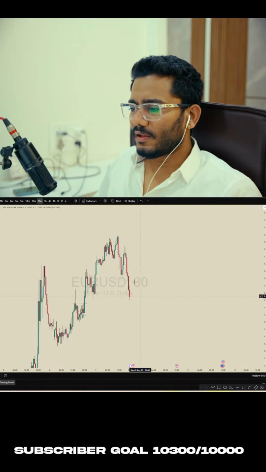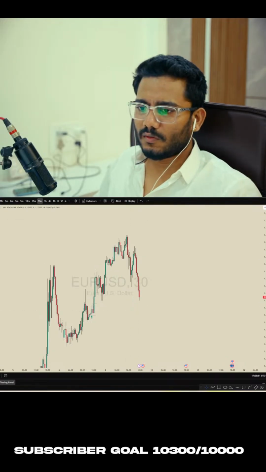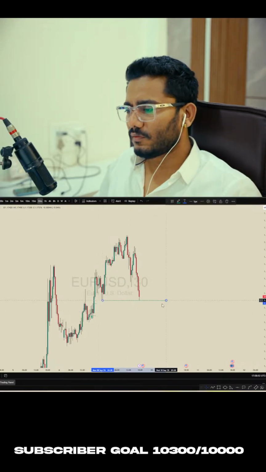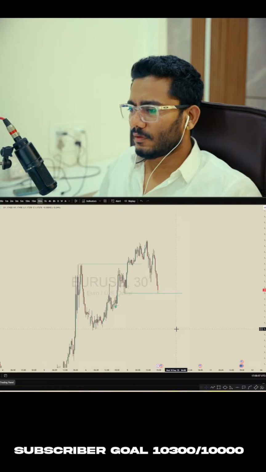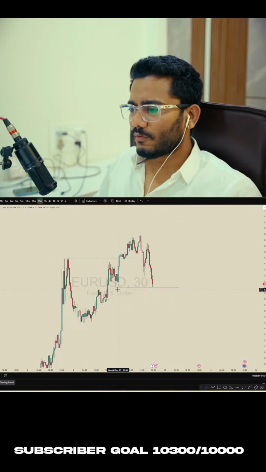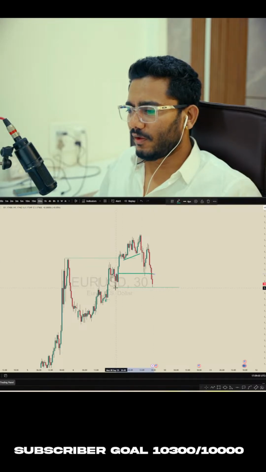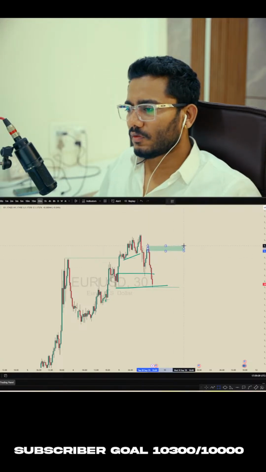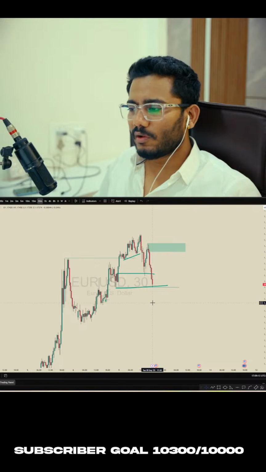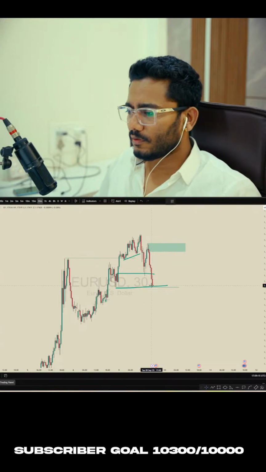So if DXY breaks that zone, then we could look for sell side. So this is internal structure break, which is this one. Price created this trend line equity, still price failed to react from this. So it reacted and then broke the structure, creating an inducement. So we have this order block. If DXY breaks that high, then only we look for sell side.